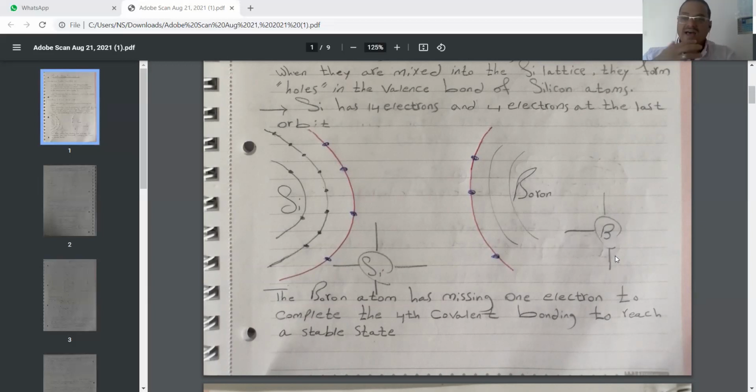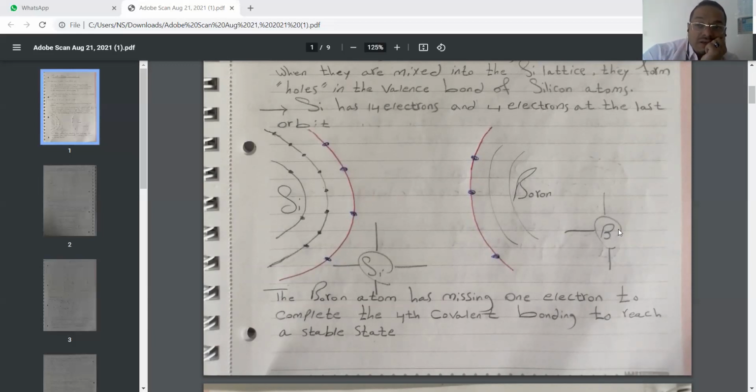Let's imagine this atom like animals in our environment. Like we know, most animals need 4 legs to walk, run, stand, something like that. Let's imagine this boron-like animal needs 4 legs to walk and stand or do some activities like that.